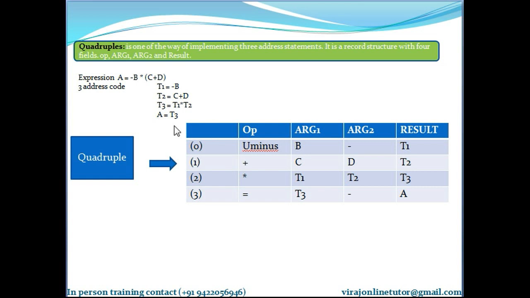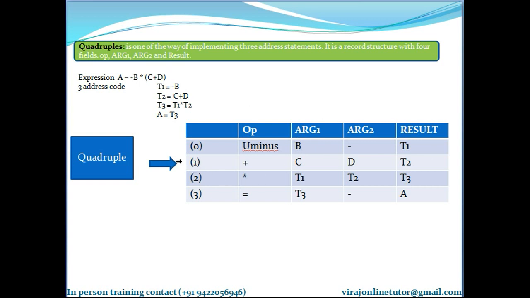Now how to convert this set of three address statements into a quadruple? Just have four columns: operator, argument 1, argument 2 and the result. Just number this. So I have a 0 which is for the first statement, which says U minus is the operator. There is only one argument B, and the result is T1.